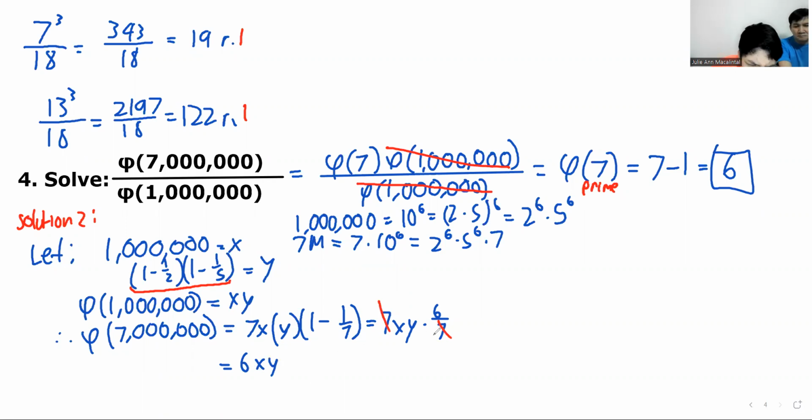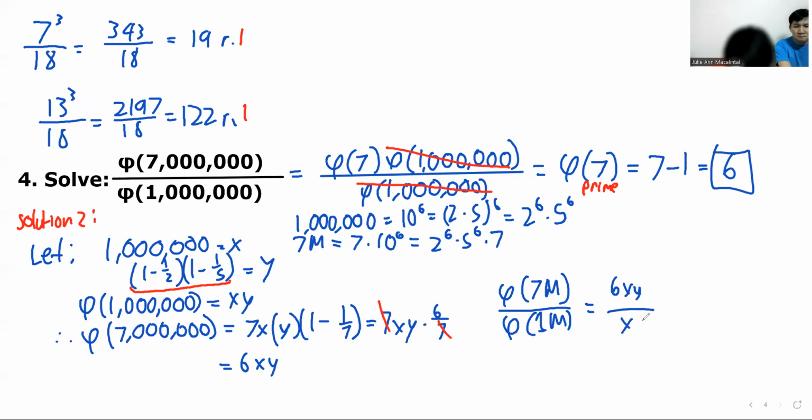So therefore, the phi function of 7 million over the phi function of 1 million is simply 6xy over xy, and the xy cancels. You're just left with 6 again.